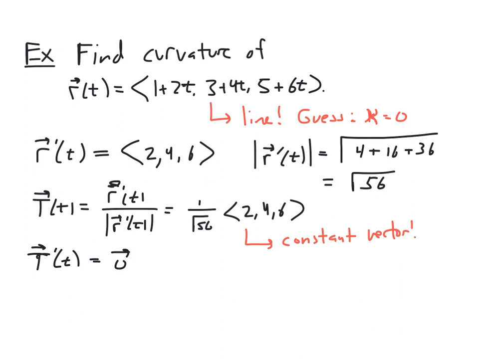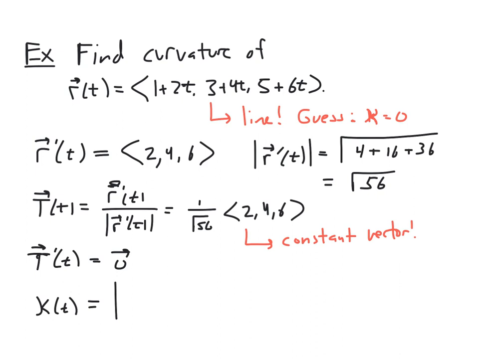And so in this case, we know that kappa, and I'm going to write kappa of t because technically kappa is a function of the point on the curve, but of course it won't matter in this case because every point looks the same in terms of how much it is bending.